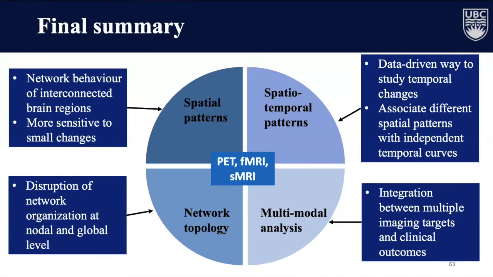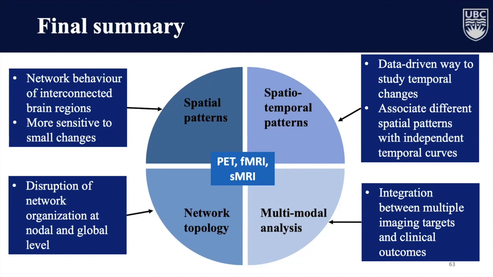So as a final summary, using these network pattern analyses, we were able to look at the spatial patterns of tracer binding and disease-induced or mutation-specific disruption of network organization. And then we proposed a new data-driven model to study spatial temporal patterns that can track disease progression better. And we then proposed a joint multi-model analysis method to integrate complementary information from different imaging targets and clinical outcomes.